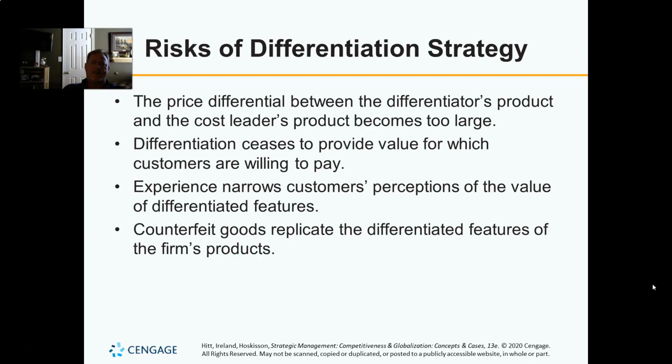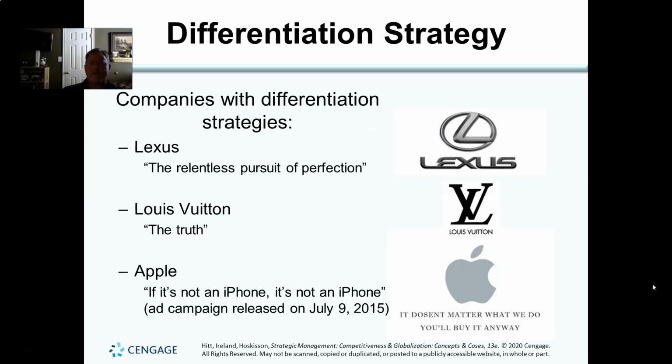Another risk of the differentiation strategy is if too many people pursue it. In Globus, experience is shown that about 10% of the customers are actually willing to pay for that premium product. So if you get too many people competing for those customers, you can have suppressed value, and there's just not enough demand to go around on those distinctive differentiated products.